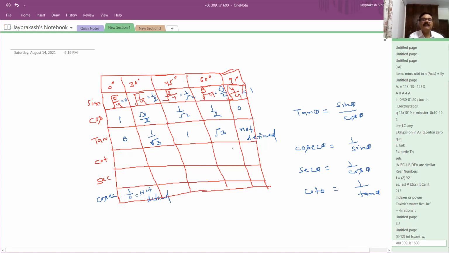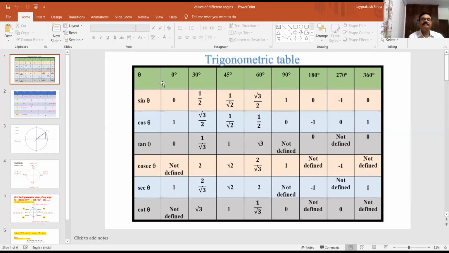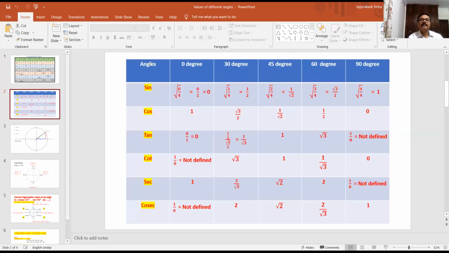Okay, so we have already put these values. See here, these values. See how to get the values of sine, cos, tan, cot, sec, and cosec.